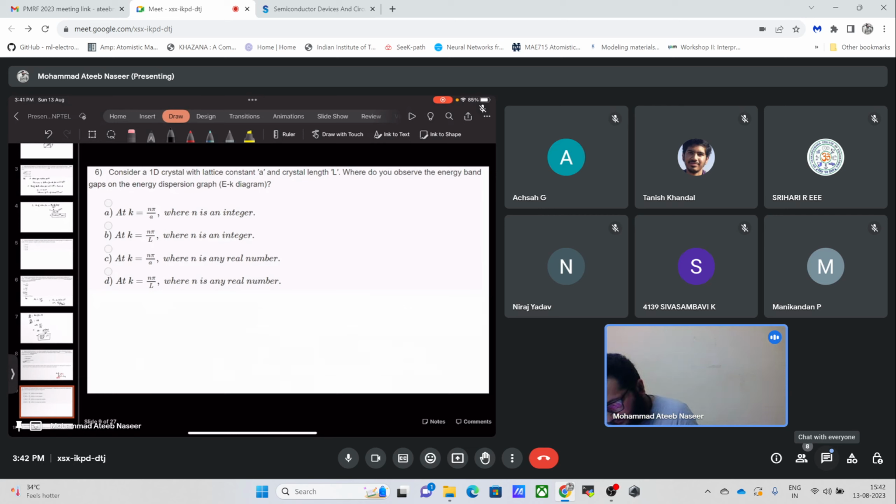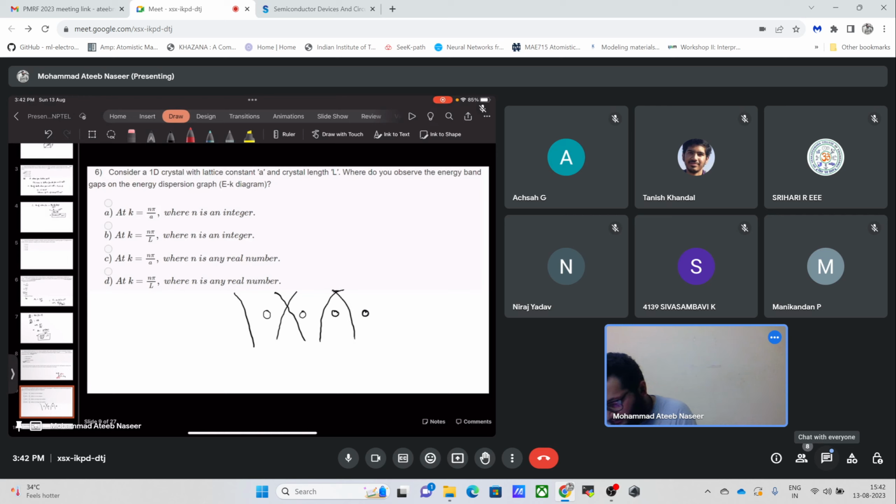For example, if I have some atom over here, some atom over here, some atom over here, continuously I am having this periodic arrangement of atoms, as a result of which I will be having some potential due to these atoms. Let me draw this potential first hand like this. This will be the potential due to this atom, this will be the potential due to this atom.